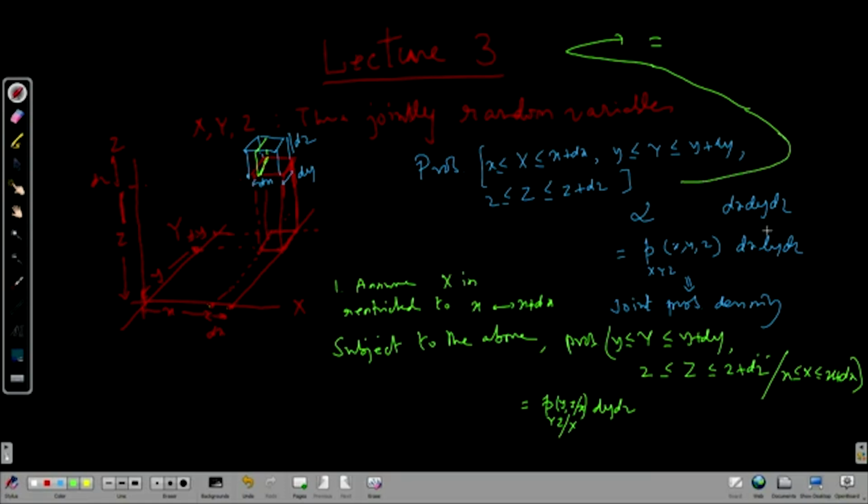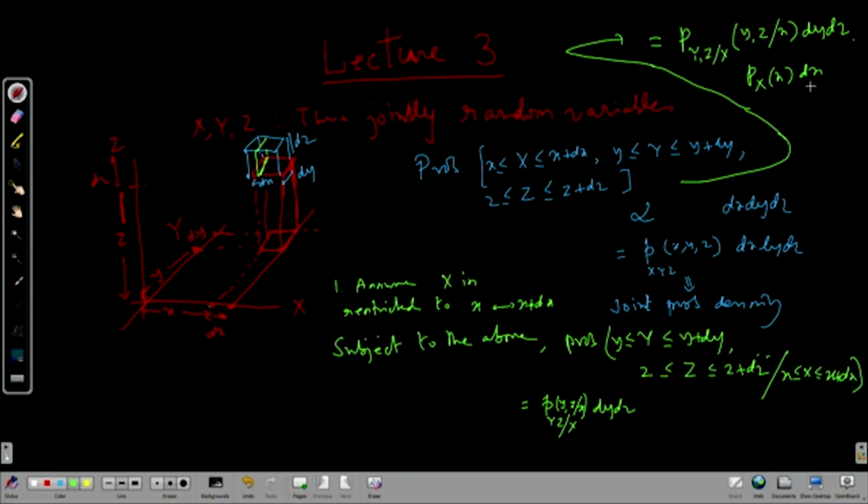This is equal to this in one way, and the same thing will be this multiplied by the chance of capital X lying from here to here, which we have seen.